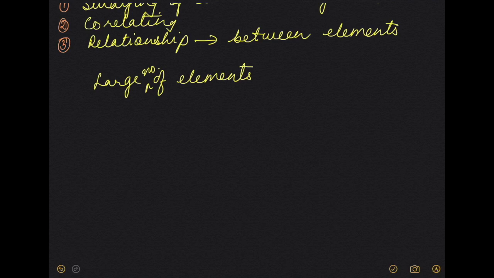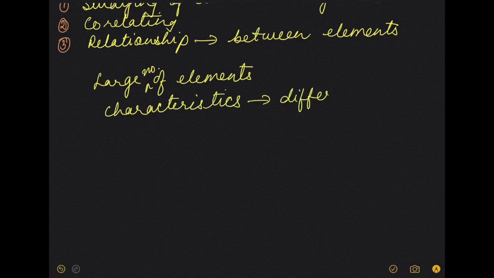Then next, some of the characteristics being considered were different under different conditions, like at a certain temperature or at a certain pressure. And also certain elements showed metallic as well as non-metallic characteristics. That means they were basically metalloids, showing properties of both metals and non-metals.